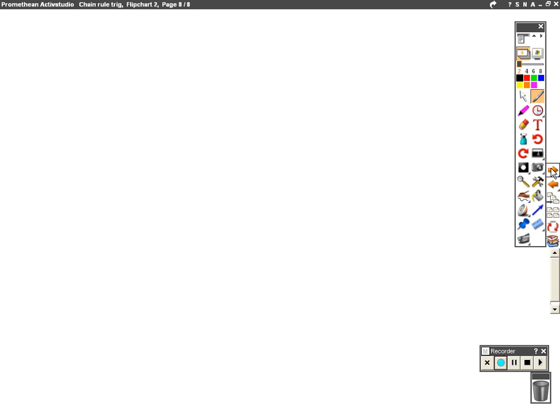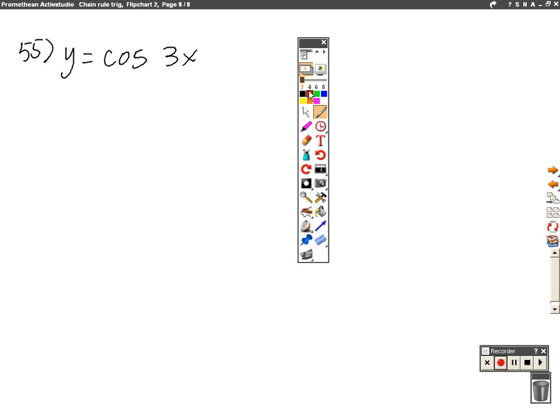Moving on to number 55. We have been asked to find the derivative of y equal to cosine of 3x. In this problem, I'm going to move this toolbar over so I can change colors easily. There is an outside function of cosine and an inside function of the angle itself. It's not written that way, but we're literally taking the cosine of an angle, so the inside function is the angle itself.